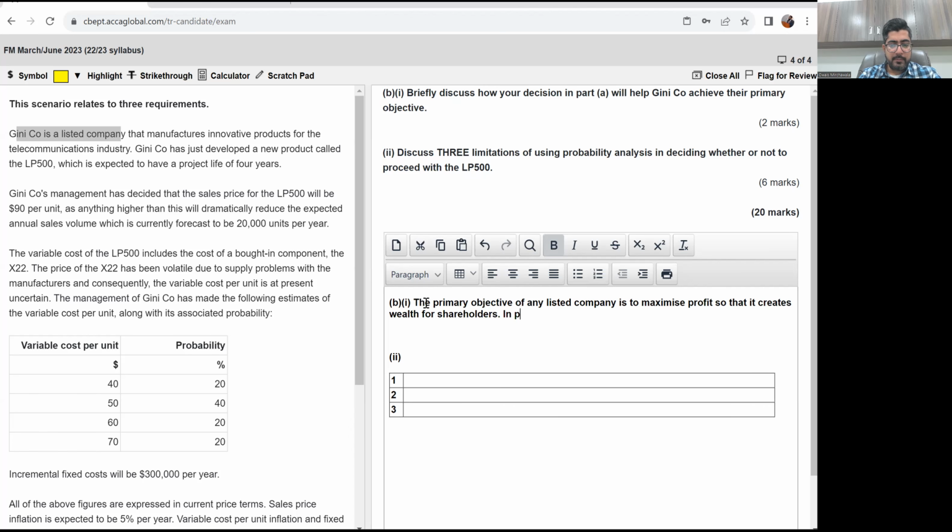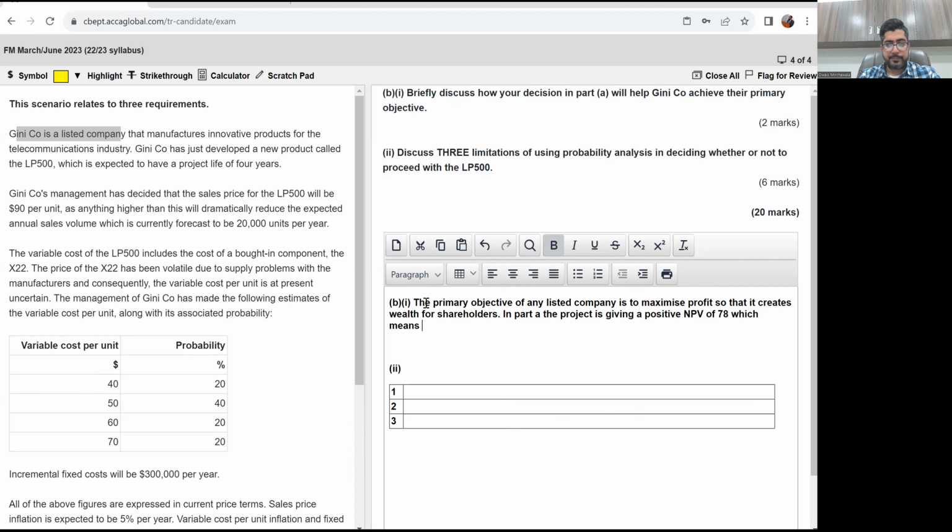In Part A, the project is giving a positive NPV of 78, which means shareholder wealth and profitability will increase.